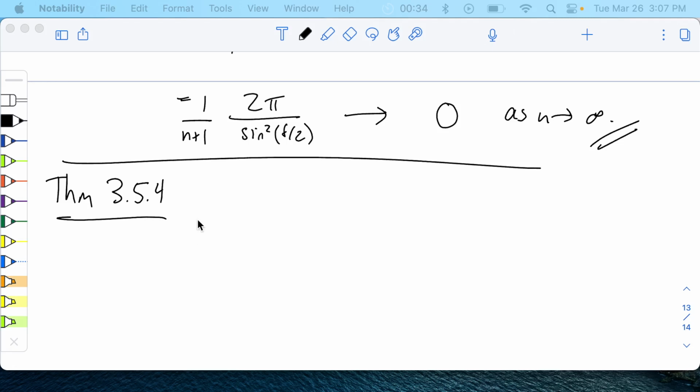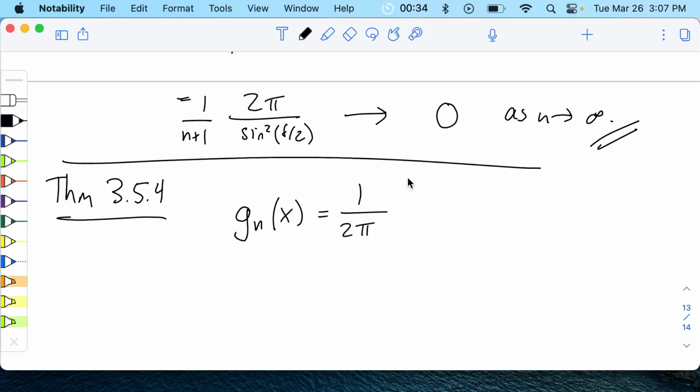All right, so we're going to let g_n of x be the function 1 over 2 pi times the integral from minus pi to pi of kappa_n of t times f of x minus t dt. So it's the integral of the function f.